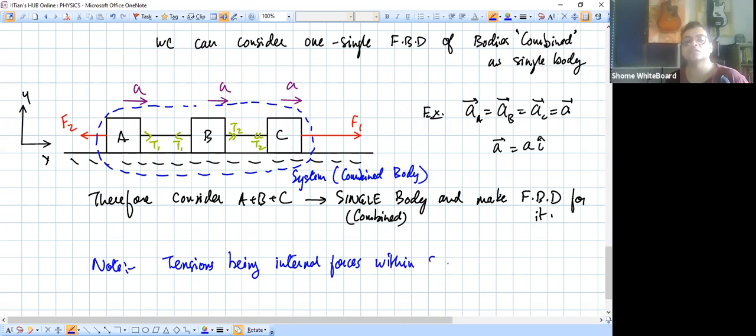Why? Because it's the force that A is applying on the string and the string is applying on B. Okay, so within the system of A plus B plus C, therefore they cancel in action reaction pairs.